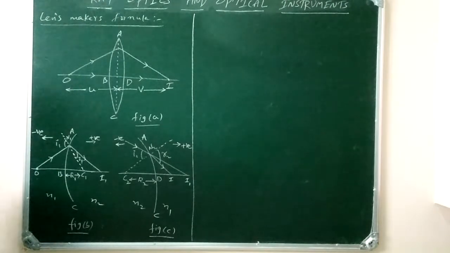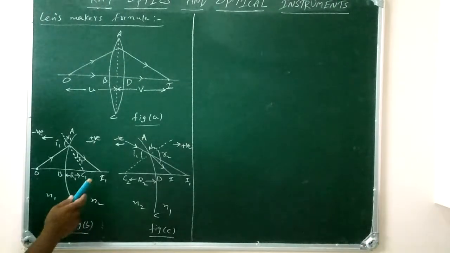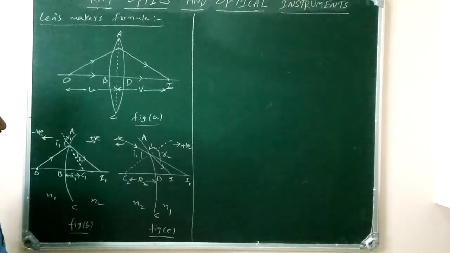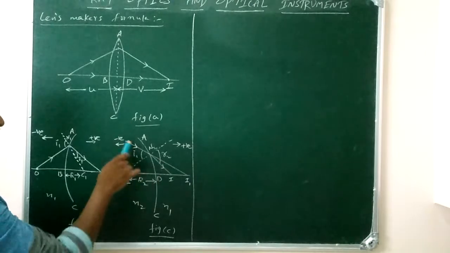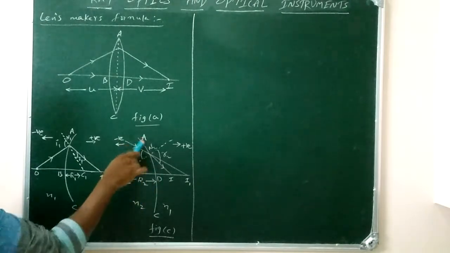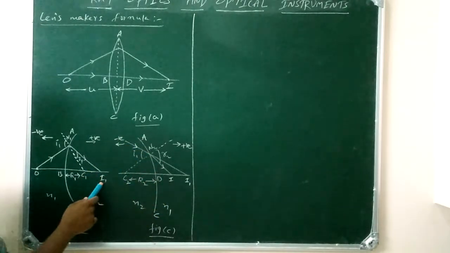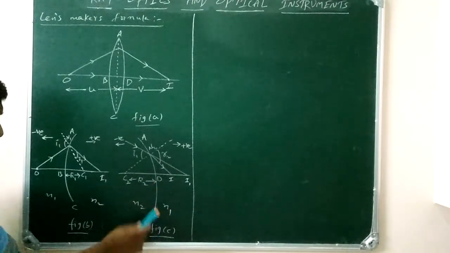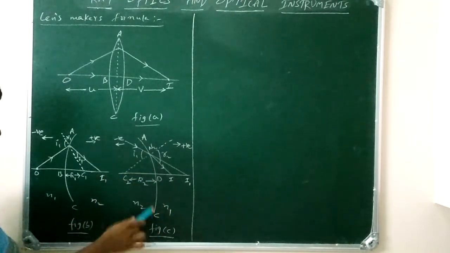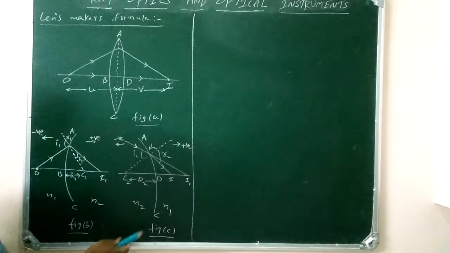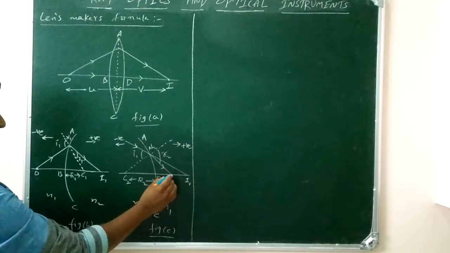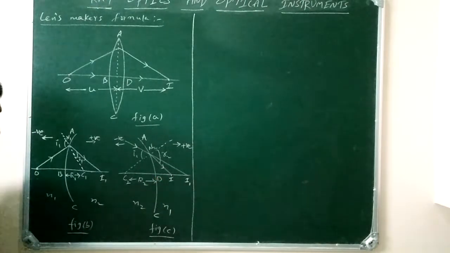Here, O. This image I1 will act as the virtual object for the second refracting surface ADC, as shown in figure C. And the final image is formed at position I.